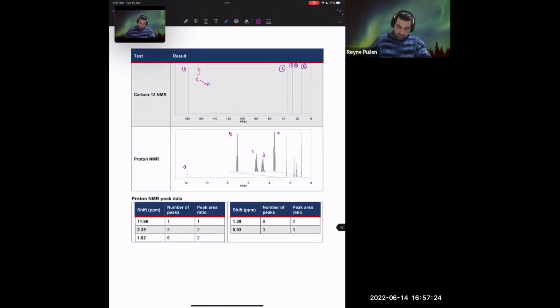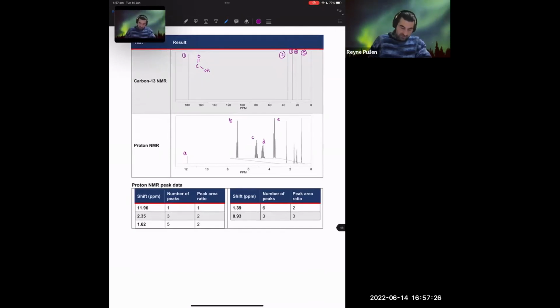Now, looking at the peak data table at the bottom, we can pull out more information about the integrated area under these peaks, the peak area ratio. Our singlet, peak A, has only 1, and then we've got 2, 2, 2, and 3.